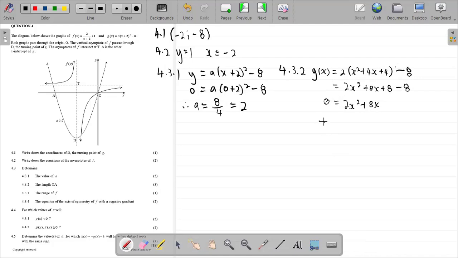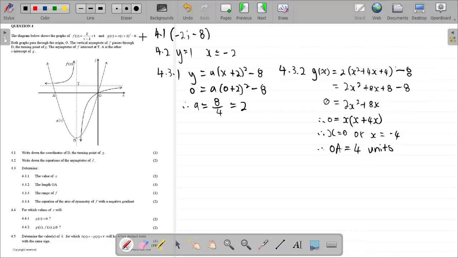So therefore x equals to 0, or x equals to -4. So therefore OA equals to 4 units.